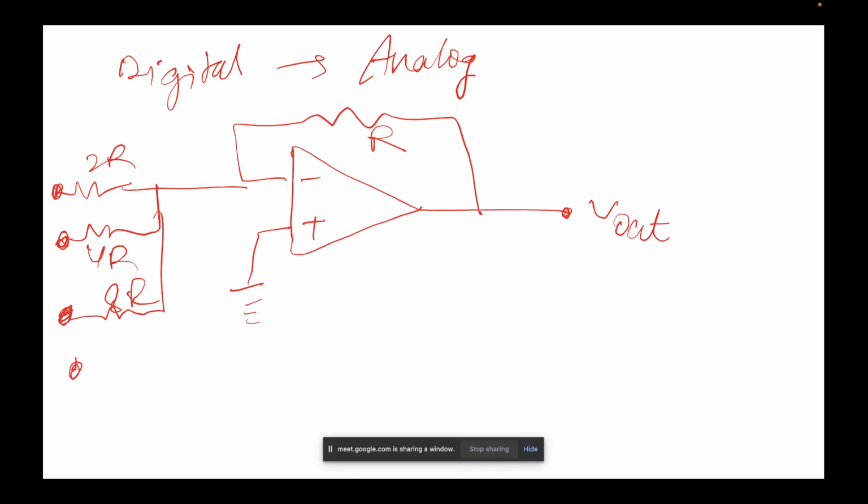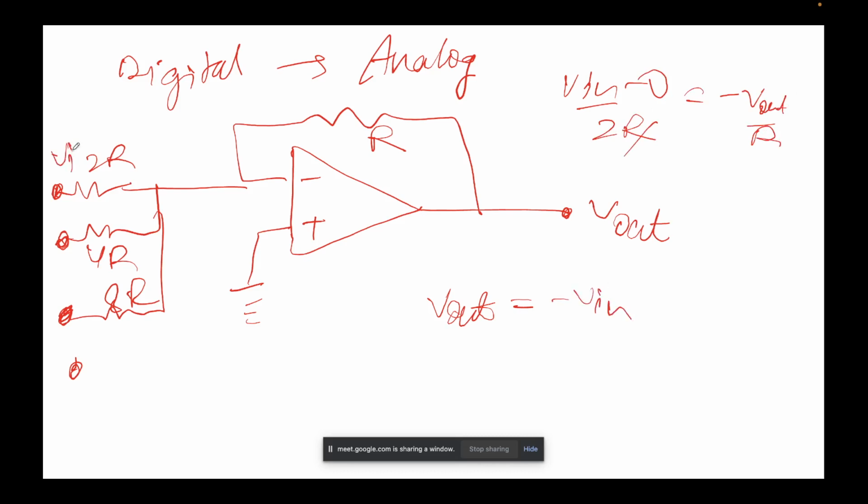Using this circuit we can say that V out will be nothing but, if the signal goes through here, V in minus 0 by 2R equal to minus V out by R. So I can simply write V out will be minus V in.